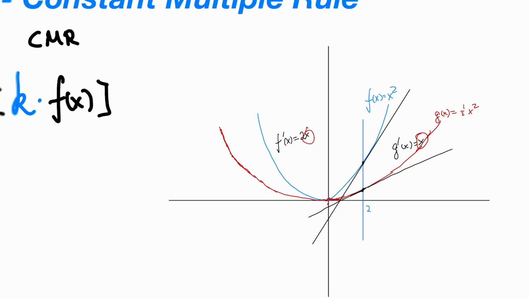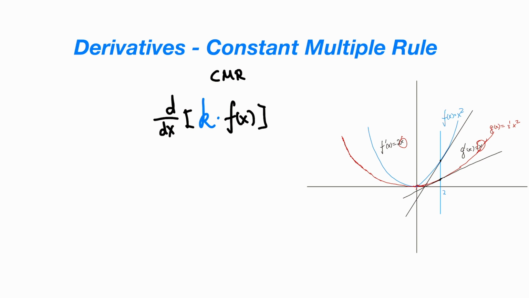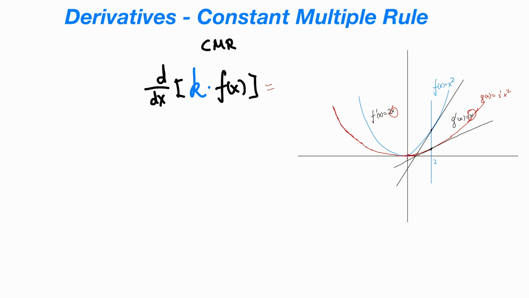So let's actually prove it using the calculus way of the derivative definition. Recall that our claim is actually this: d dx of k times f of x is equal to k times d dx of f of x, or it can also be written as k times f prime of x.